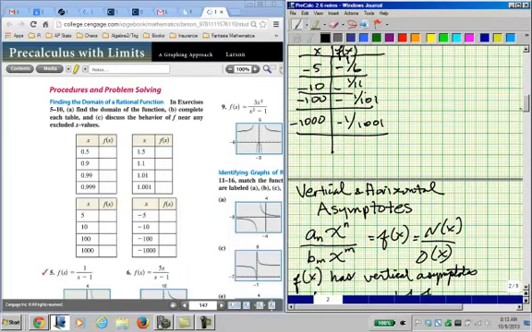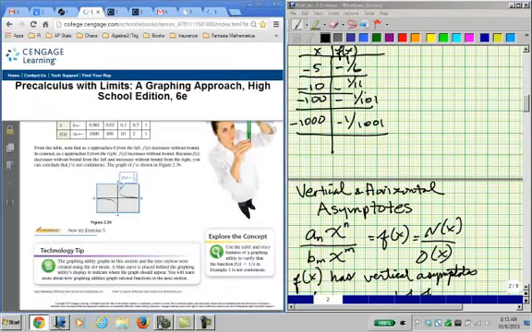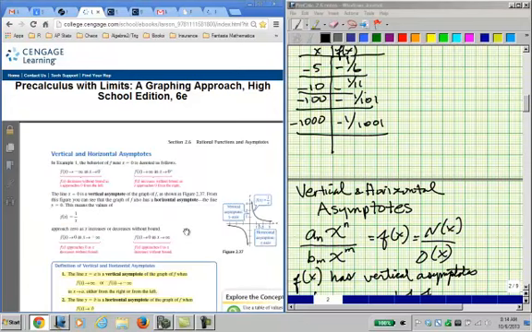Alright, next section, vertical and horizontal asymptotes. Okay, and then here's the notation. This is very important. You can read this as f decreases without bound as x approaches 0 from the left, or as f of x approaches negative infinity, x approaches 0.